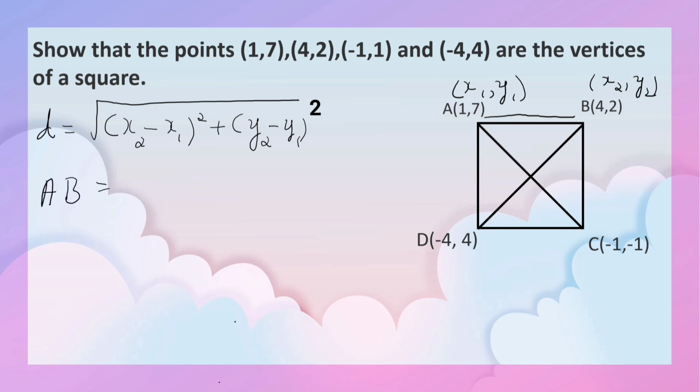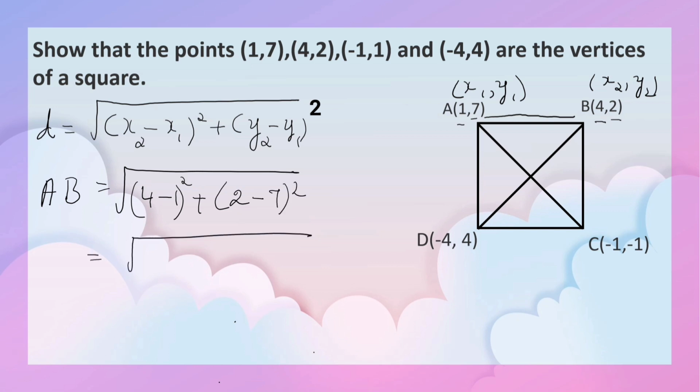Length of AB. Here x2 is 4 minus x1 is 1, square, plus y2 is 2, y1 is 7, whole square.